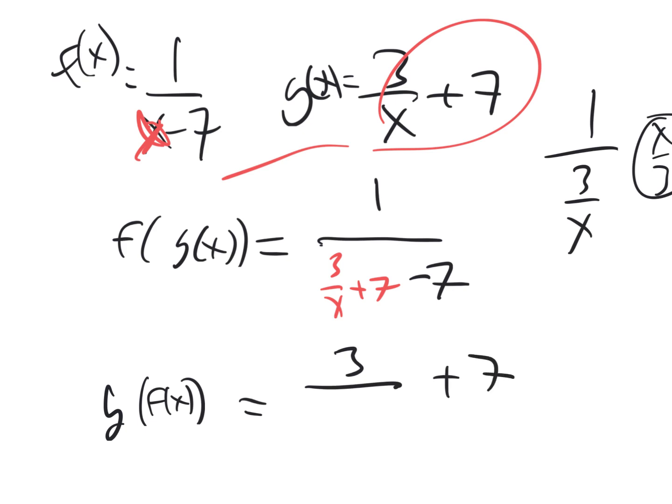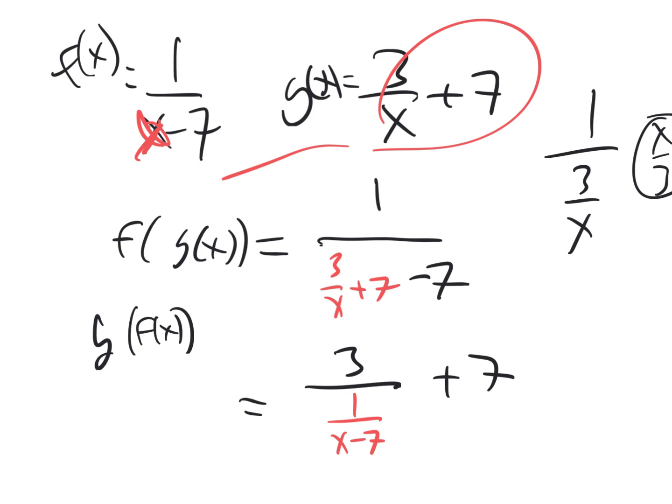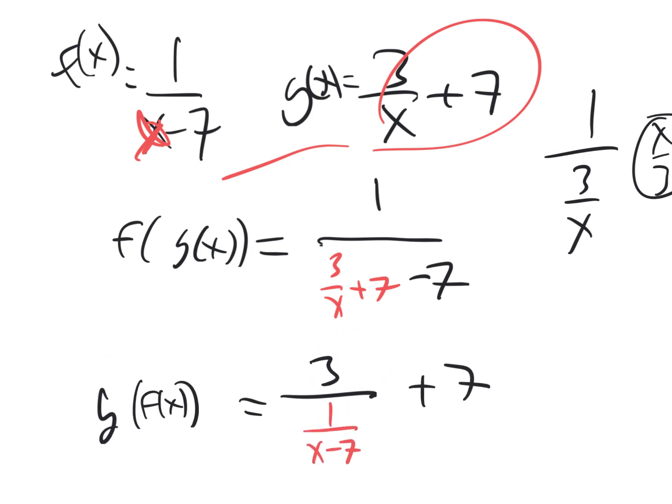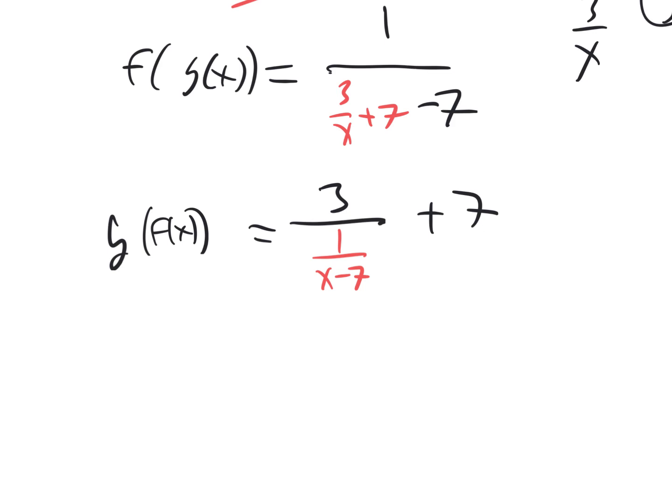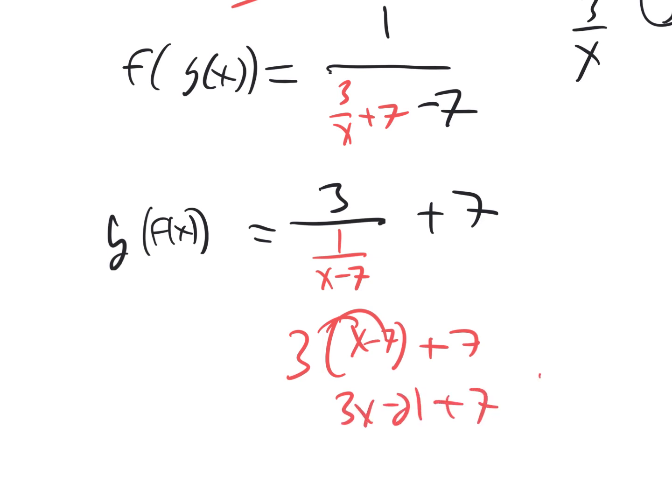We're going to drop in the 1 over x minus 7. And that requires us, like the other one, to clean the whole thing up. So I'm going to take the reciprocal. That becomes 3 times x minus 7 over 1 plus 7, distribute that through: 3x minus 21 plus 7. So I'm seeing 3x minus 14 there.